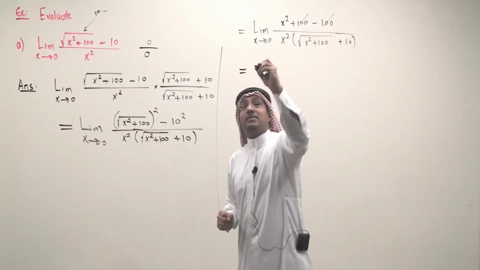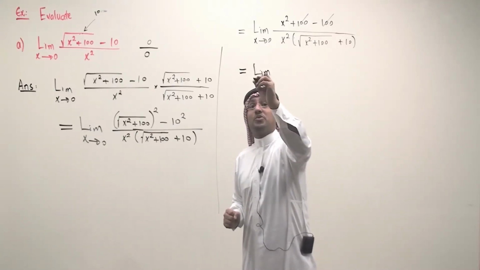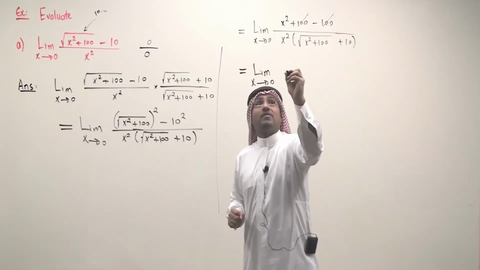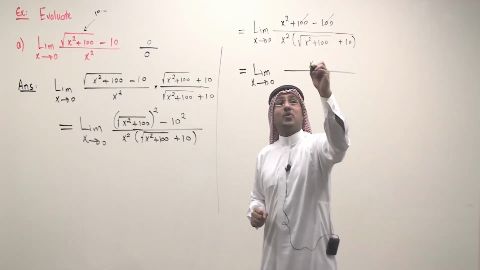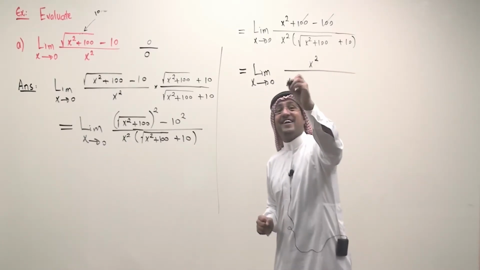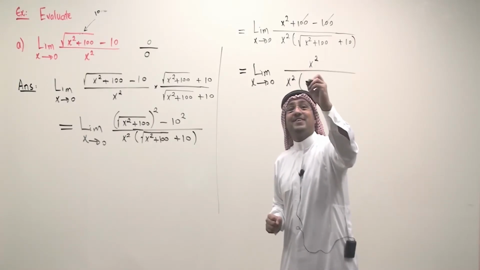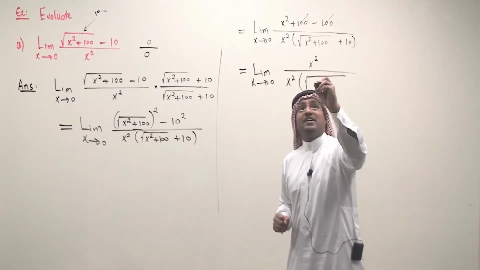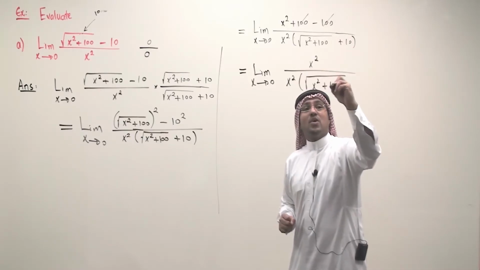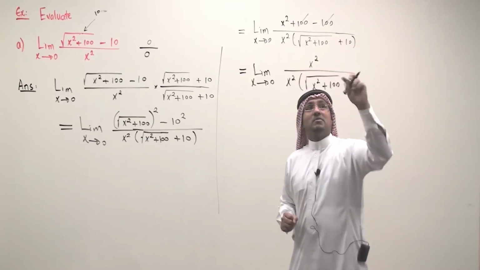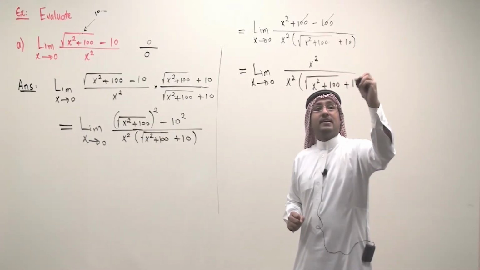So this equals only x squared divided by x squared times the square root of x squared plus 100 plus 10.